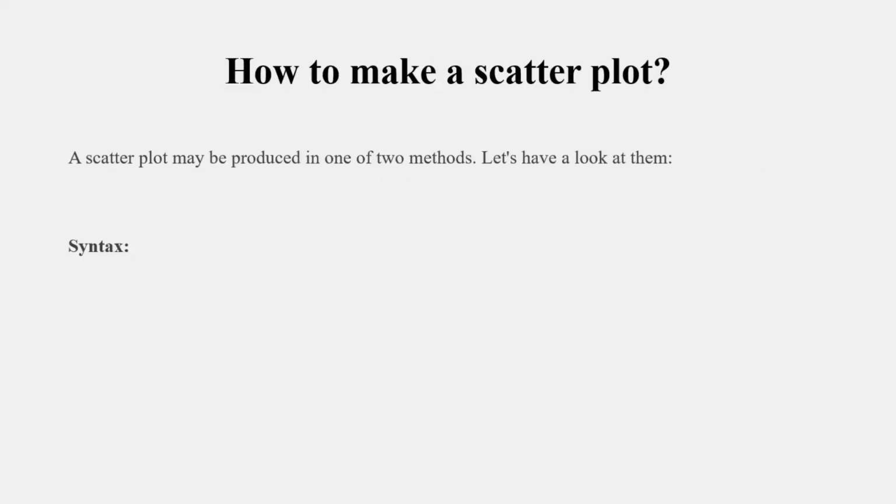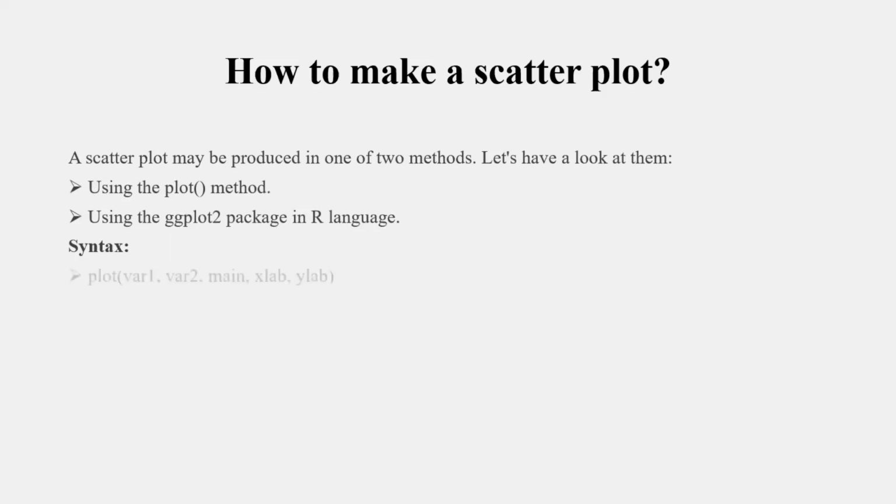So the question is, how to make a scatter plot. A scatter plot may be produced in one of two methods. Let's have a look at them. First one is by using the plot method. The next one is by using the ggplot2 package in our language. The syntax for the first one is as below.